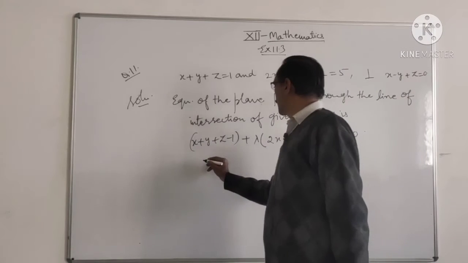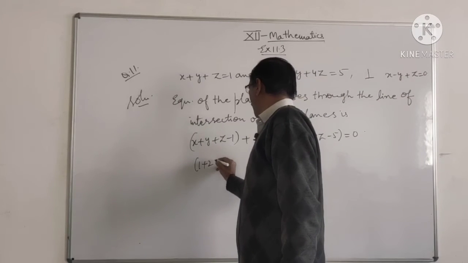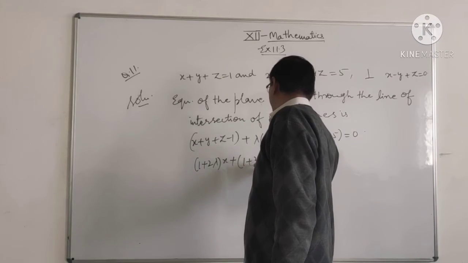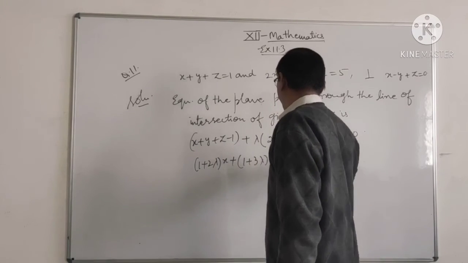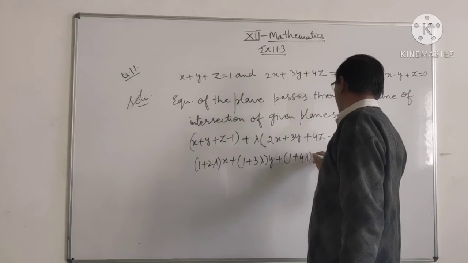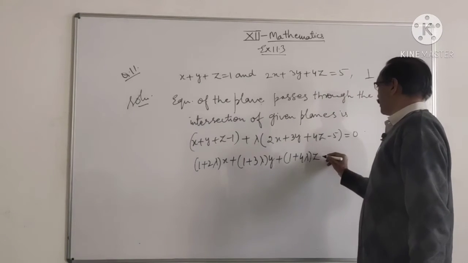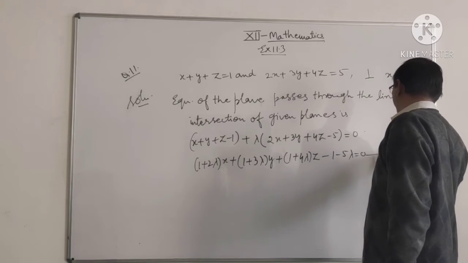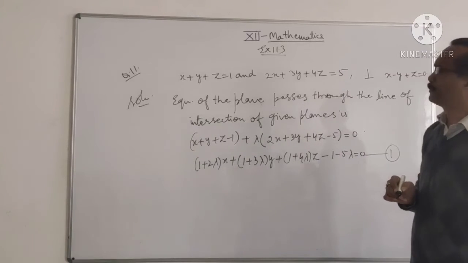And it is 1 plus 2 lambda into x plus 1 plus 3 lambda into y plus 1 plus 4 lambda into z minus 1 minus 5 lambda equal to 0. Let it is equation 1.